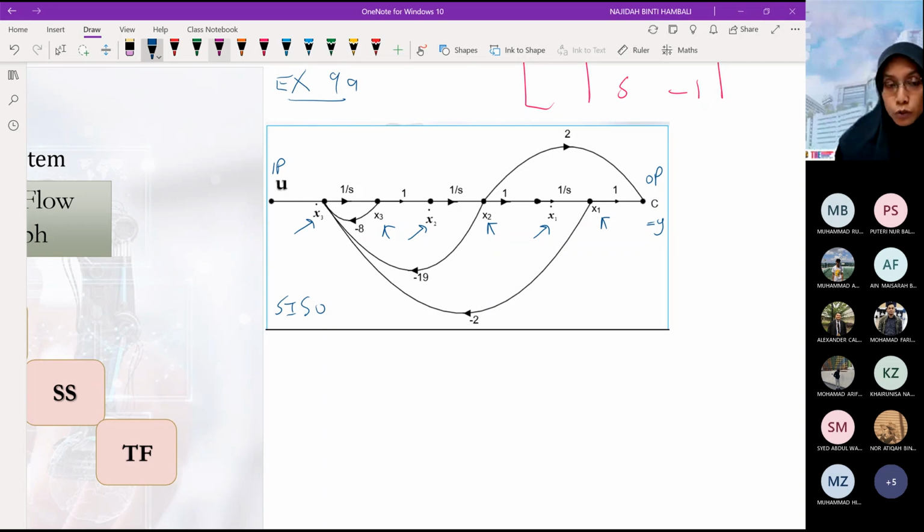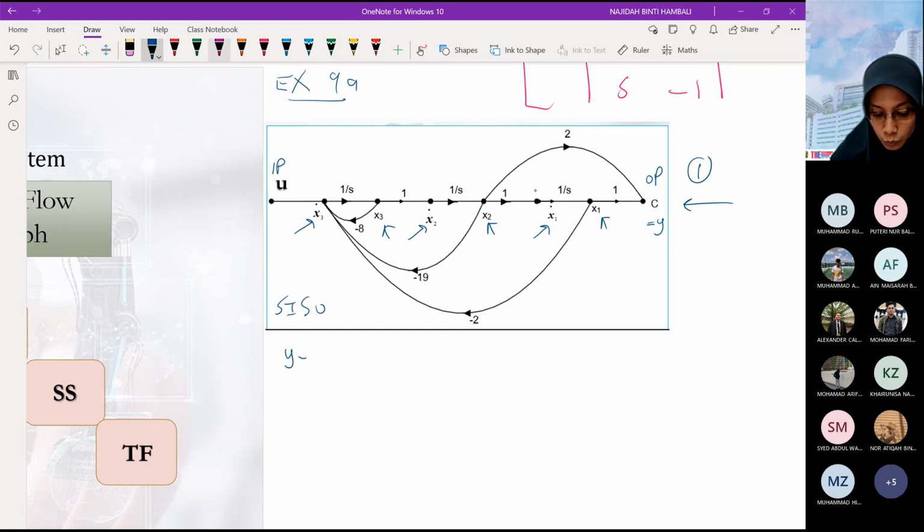So you can already imagine our matrix dimension for matrix A is 3 by 3 since we have 3 state variables. But for now we have to extract the equation first from the signal flow graph. So always start your equation from the most right. Ni daripada output ni dulu. Start daripada sini.